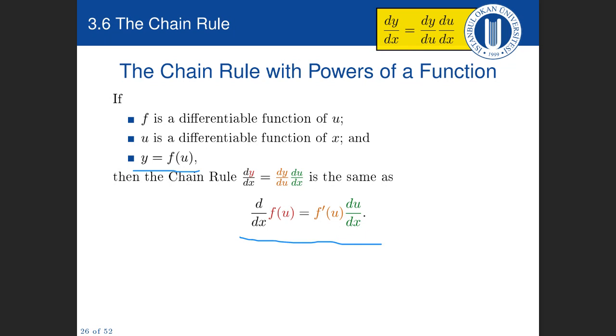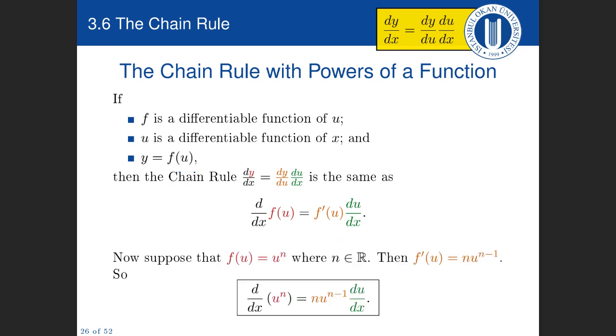And that would work for any differentiable functions, but I want to specialize it to just thinking about f of u is equal to u to the power n. Then the derivative of this, f prime, would be n u to the power n minus 1.